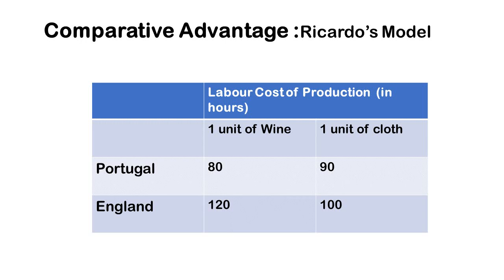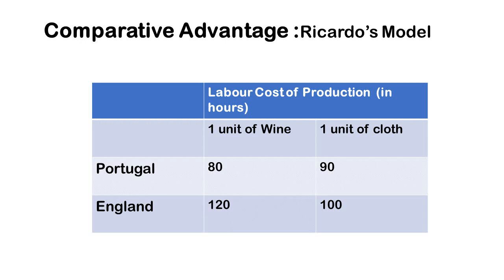So even though England has an absolute disadvantage in the production of both wine and cloth, the degree of absolute disadvantage is different. In the case of cloth, the absolute disadvantage is lesser because for producing 1 unit of cloth, while England requires 100 units, Portugal requires 90 units.